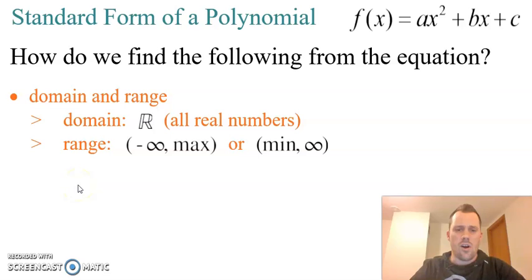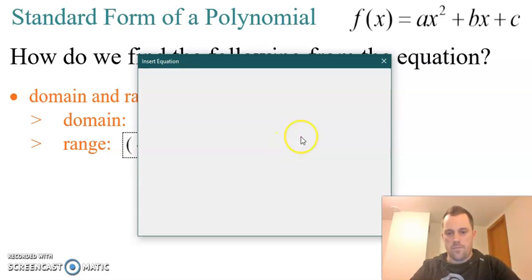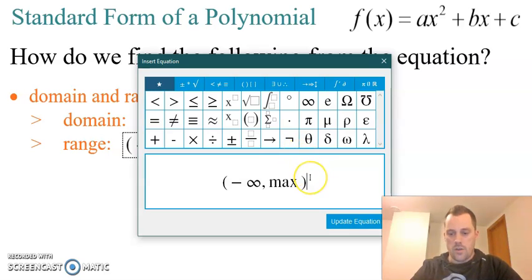Domain and range also depend on that min and max. So again, we just mentioned that domain is negative infinity to infinity, which is all real numbers, and this is the symbol we use for that. And the range, if we have a maximum, so again, if the parabola opens down, we have a maximum, so it goes from negative infinity up to that max. And this should actually be a bracket because it's going to include that value in there.